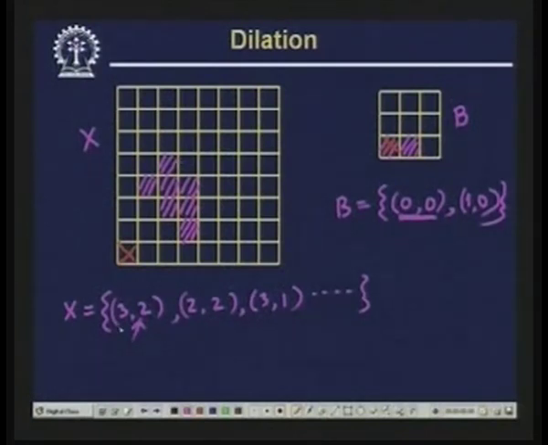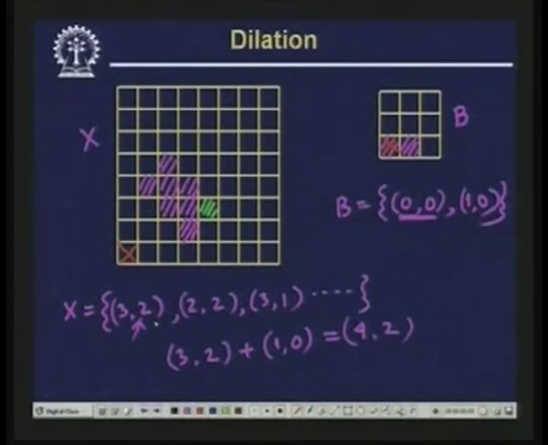Similarly, if I take a point from this set X, say 3, 2, and add to this a vector from our structuring element B, which is 1, 0, this is 4, 2. So, this point 4, 2, which is over here, is also a member of X dilation with B. Similarly, when I take this point 2, 2 and add to this the vector 1, 0, what I get is 3, 2.